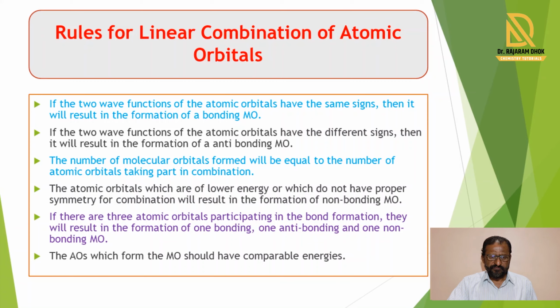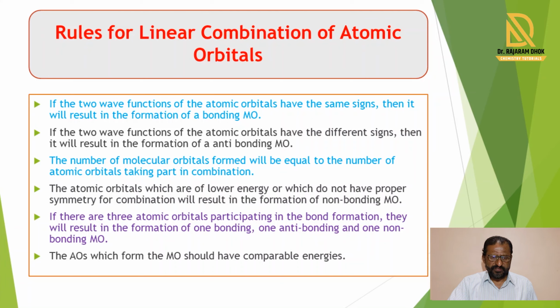Then the second rule: when the wave functions of two atomic orbitals are different, there is formation of anti-bonding molecular orbitals. Simply, when one atom has a plus wave function and the other atom has a minus wave function, there is formation of an anti-bonding molecular orbital.